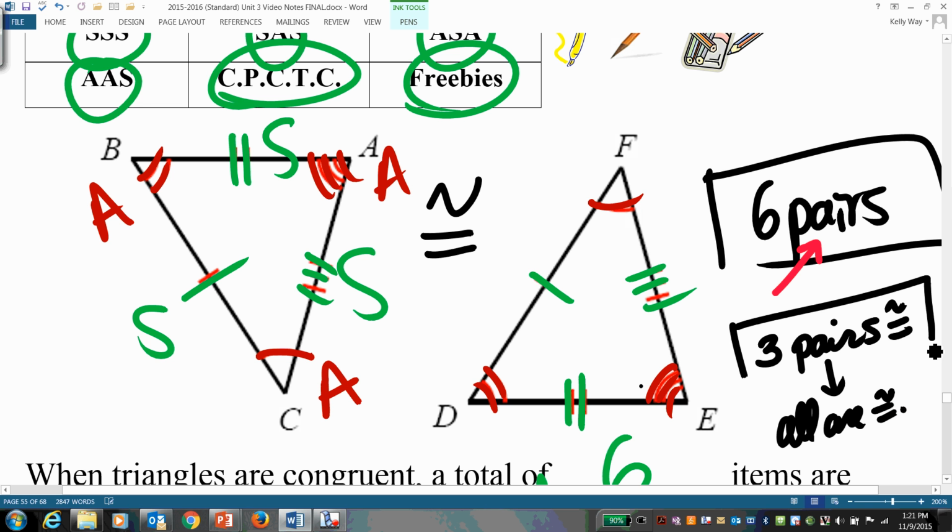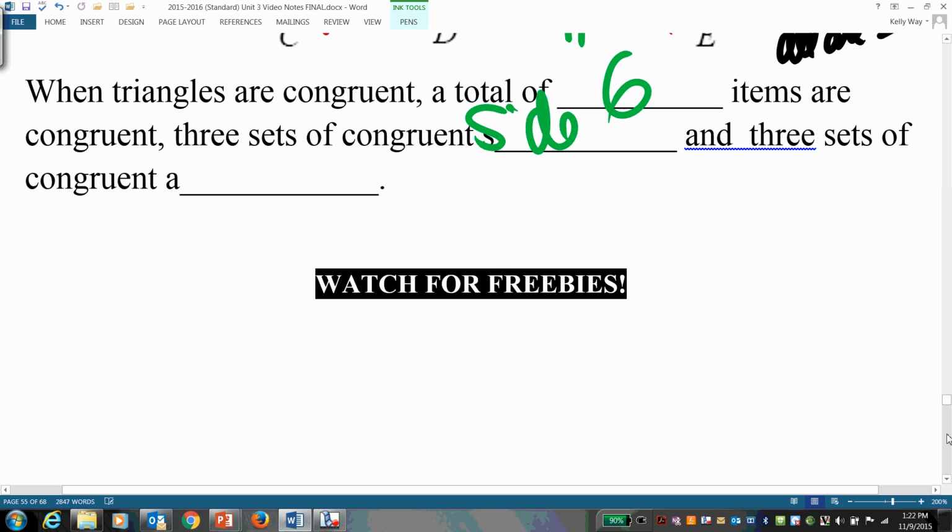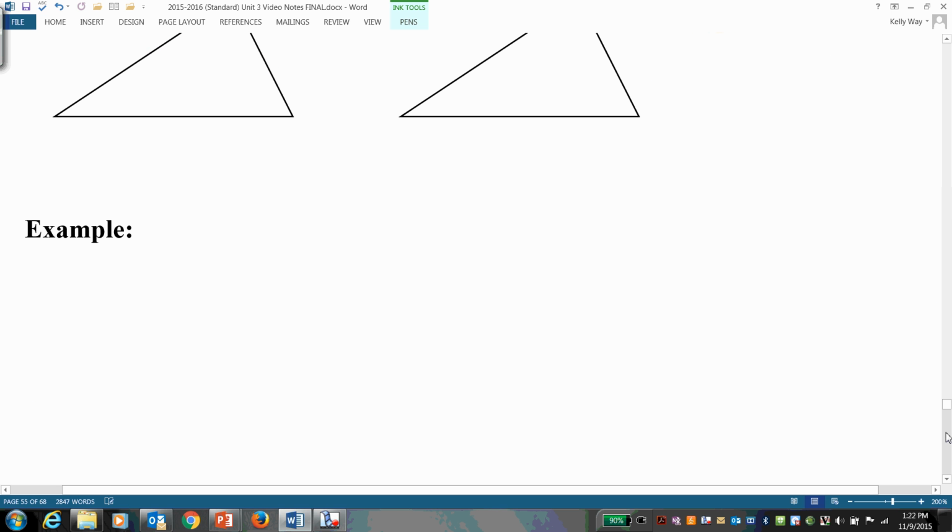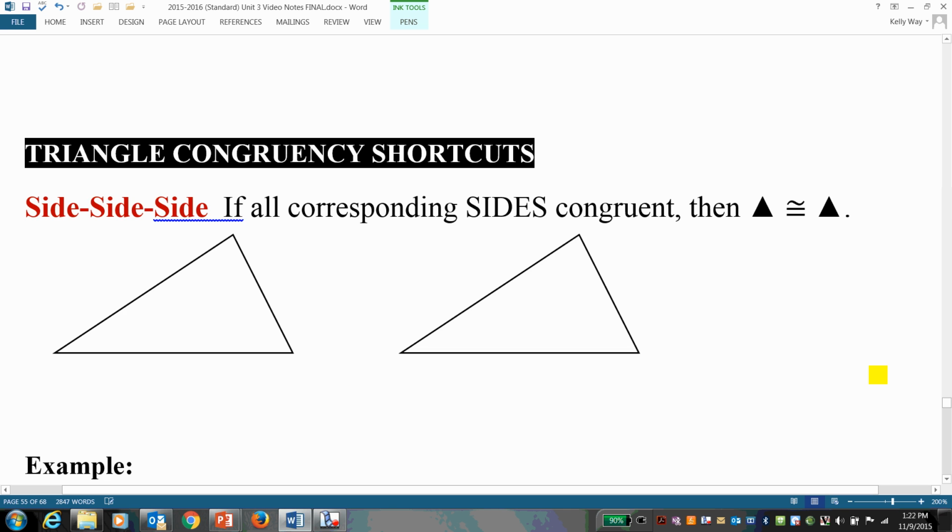If you have a minimum of 3 pairs of things equal, it automatically forces everything else to be congruent. So we're going from defining congruency as 6 pairs equal down to only 3 pairs. It's a shortcut. And there are 4 of them.